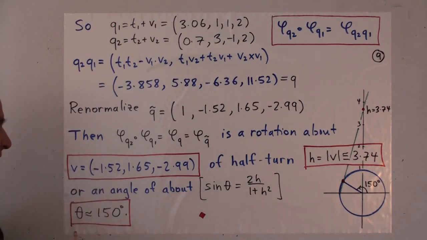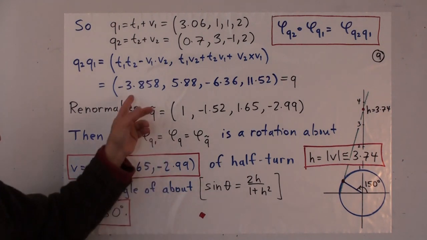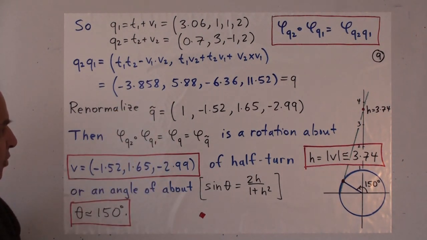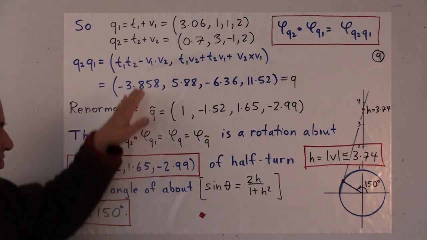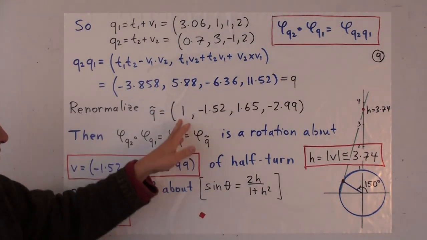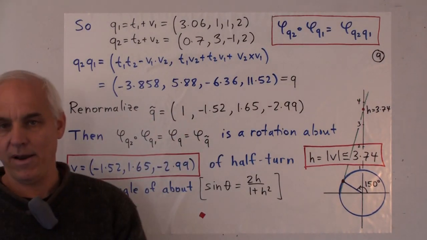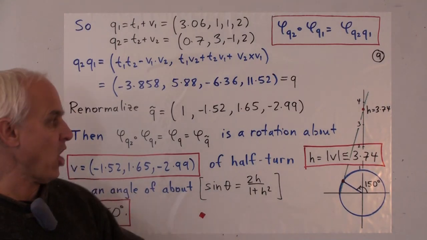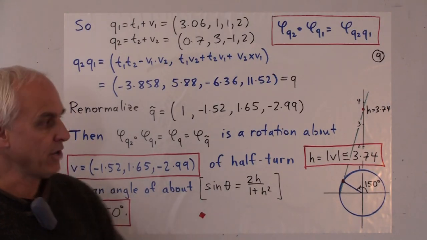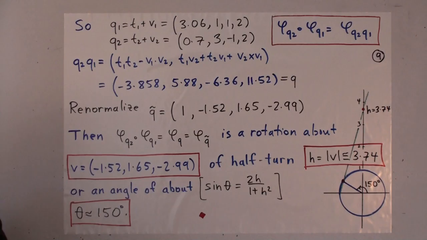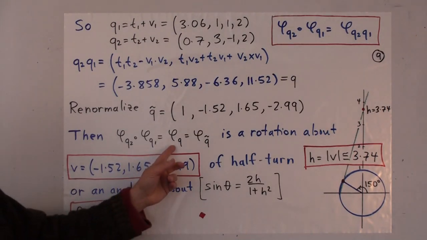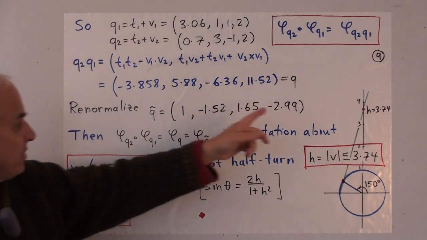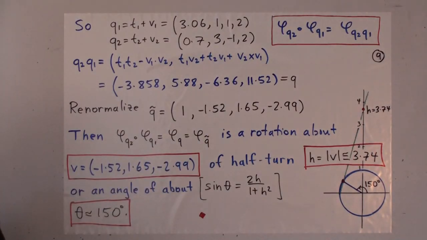We've seen the advantage of that in many situations, and I'm going to do that here too. So I'm just going to divide by minus 3.858 to rescale this quaternion, so that its first entry happens to be 1. It gives some kind of canonical form to the quaternion. Okay, the rotation associated to this one and to this one are the same.